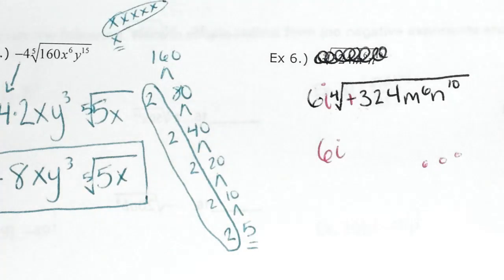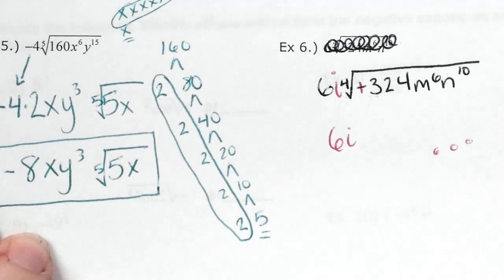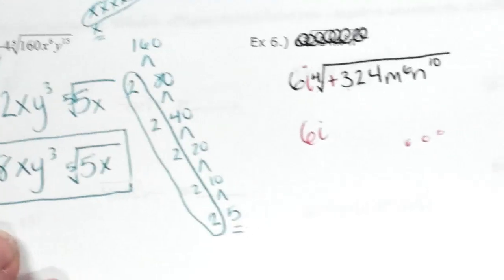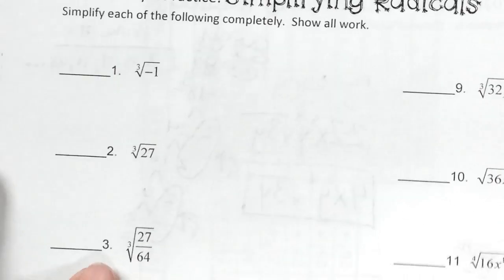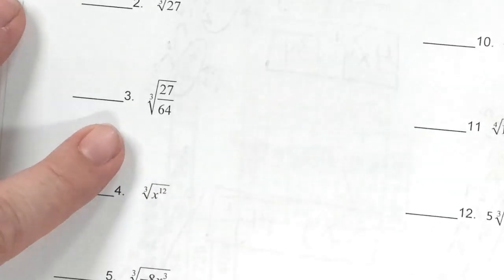Flip over and look at number 3. Okay, it's a fraction. Is that okay? Yes. Just like with number 1 in our notes, I separated the multiplication. If I can separate multiplication, do you think I can separate division? Yes.